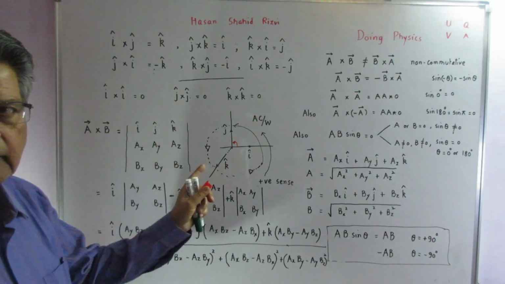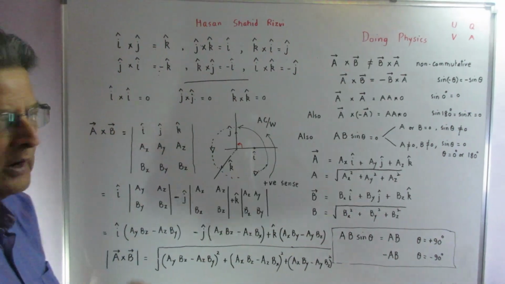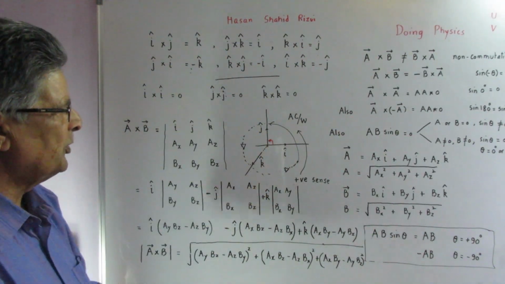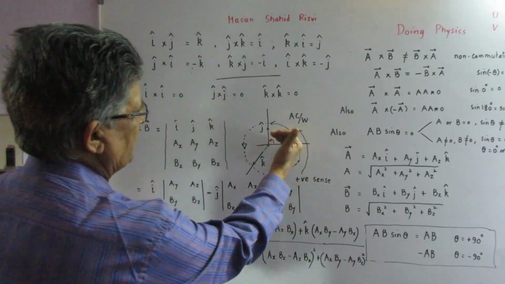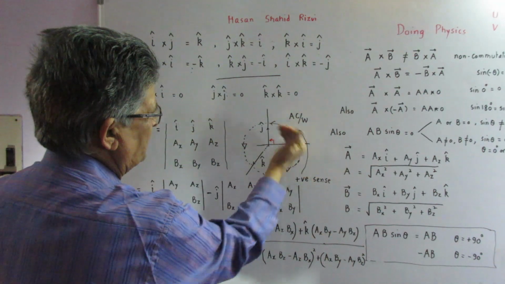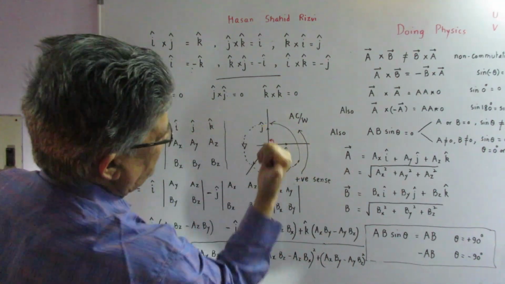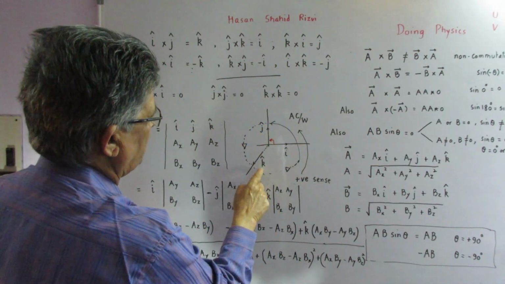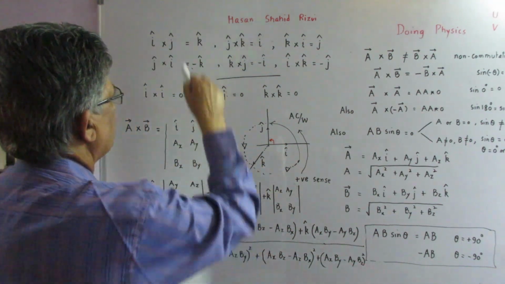So 1 into 1 into the direction, when I turn from i to j, like I said before in the definition of A cross B, I get the direction vector k cap.